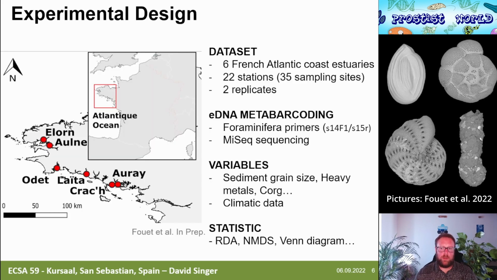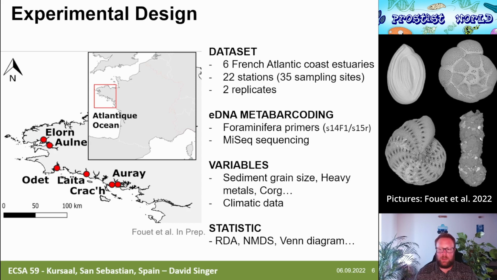Just a few words about our experimental design. Our dataset contains 6 French Atlantic coast estuaries. We sampled 22 stations. In each station we took 2 replicates. We did the eDNA metabarcoding with specific primers, and we sequenced with a MiSeq platform.